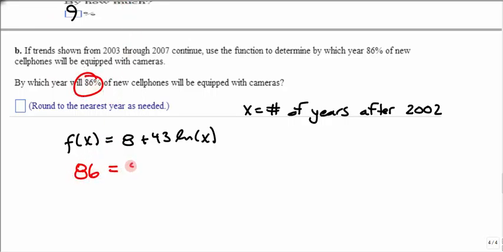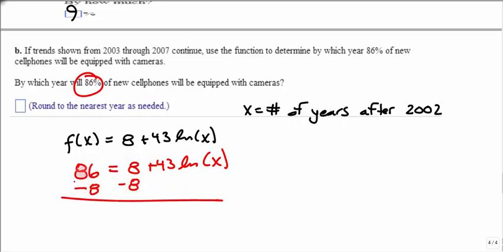I don't think we need to use its decimal form. And then what we want to do is solve for x. So to get started, we'd subtract 8 from both sides. 86 minus 8 would be 78 equals 43 ln of x. Divide both sides through by 43.